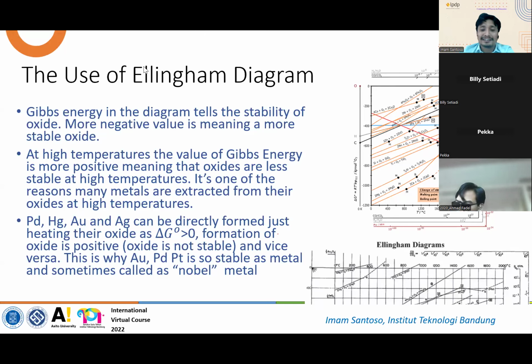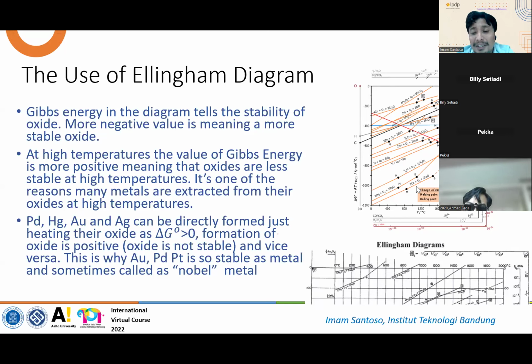Okay, guys? Because for calcium oxide, the Gibbs energy is below. You can see here, for one compound, when temperature increases, the Gibbs energy becomes more positive.